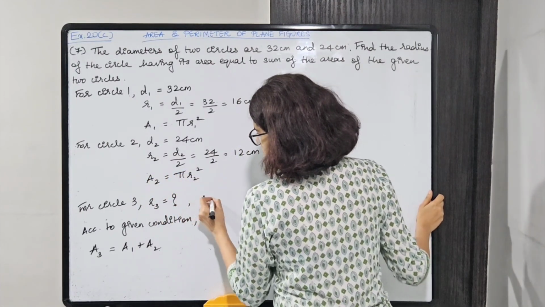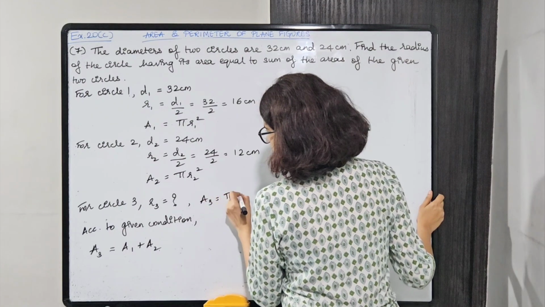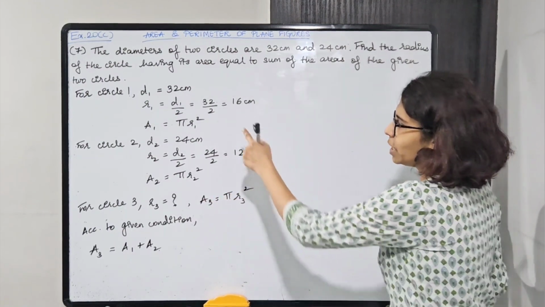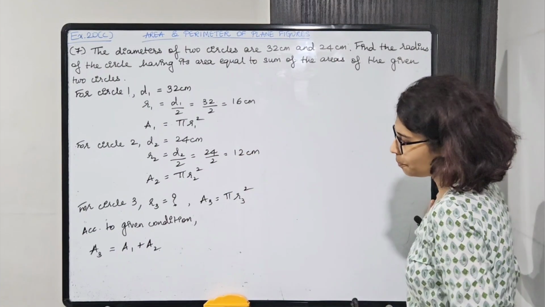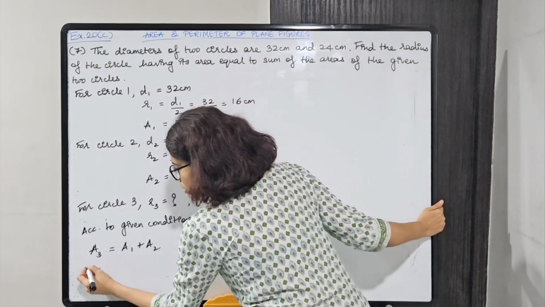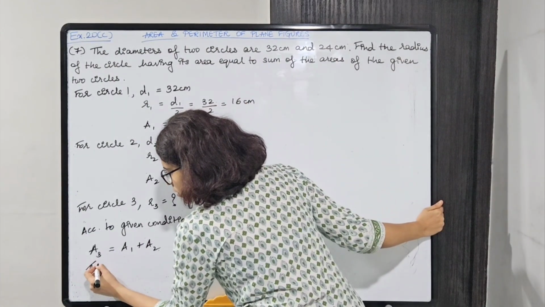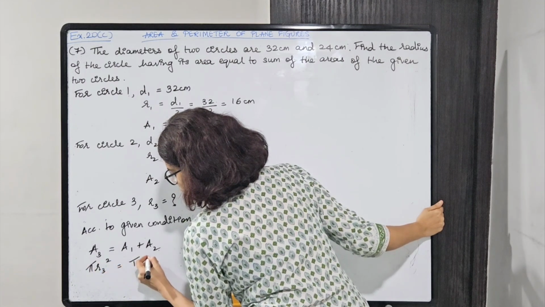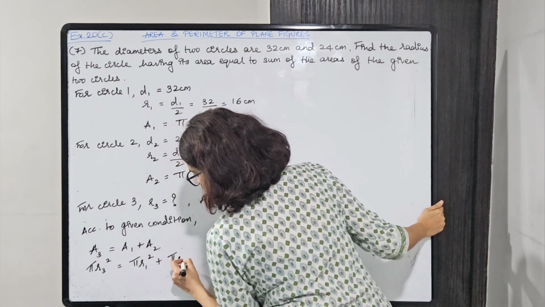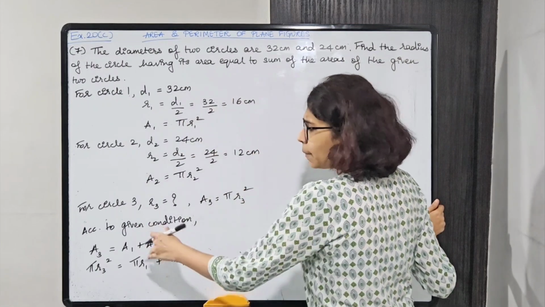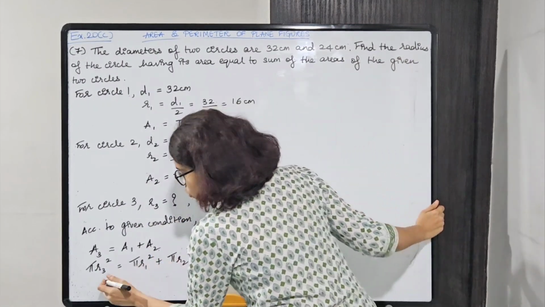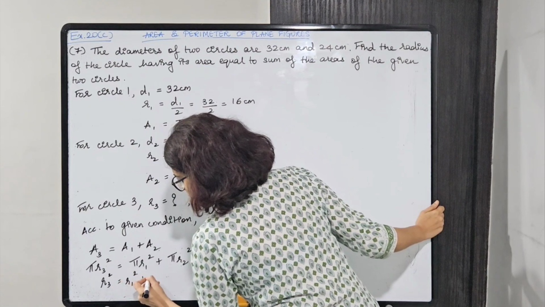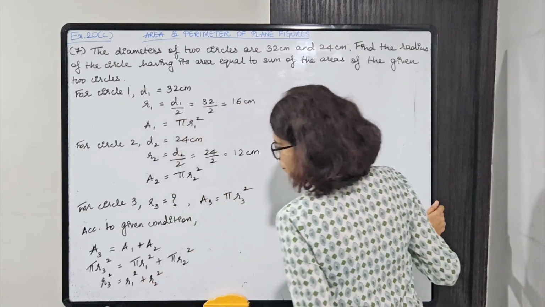And here A3 will be pi R3 squared. Okay, so that is why I told you to leave space. Now put the formula. Pi R3 squared is equal to pi R1 squared plus pi R2 squared. Pi will cancel. So we are left with R3 squared is equal to R1 squared plus R2 squared.